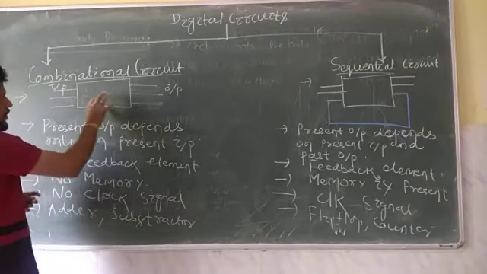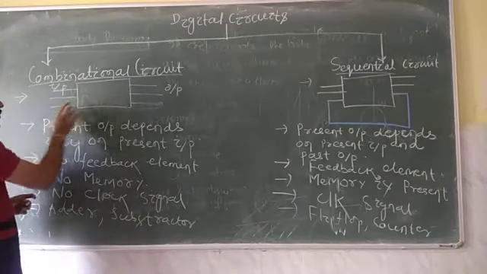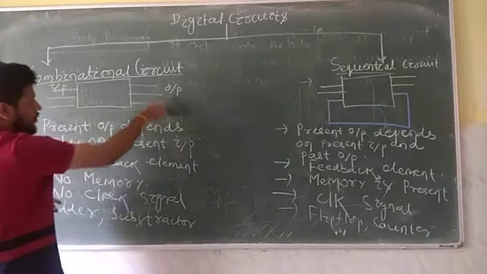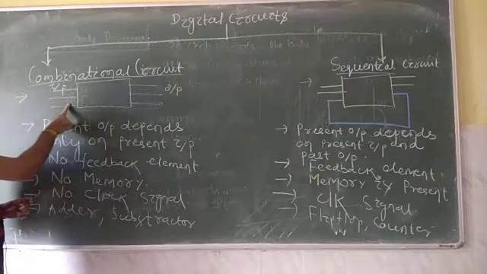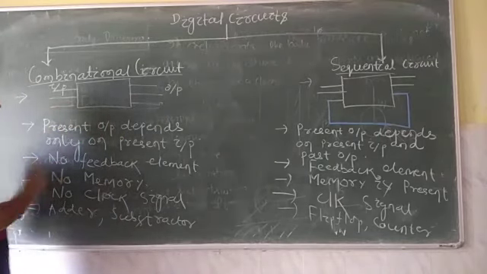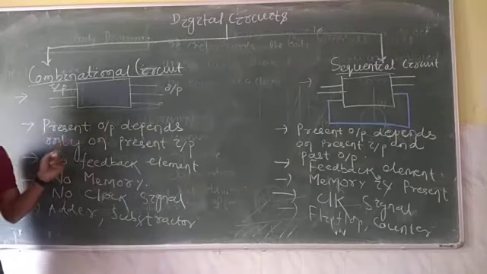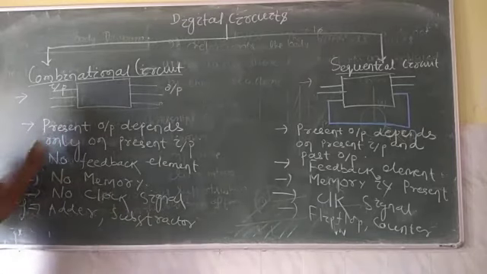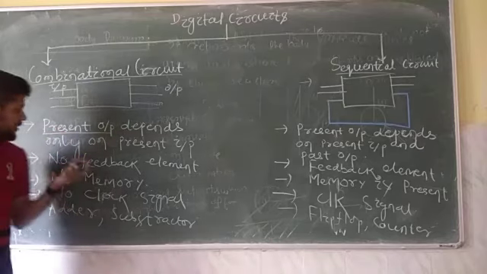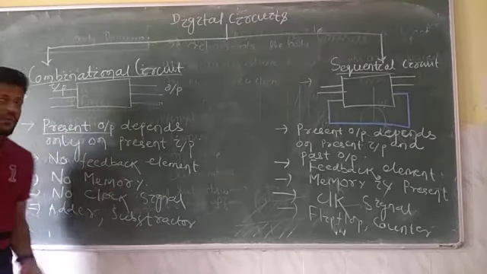So here the output depends only on the present input. In combinational circuits, kindly remember this very important point: present output depends only on present input.